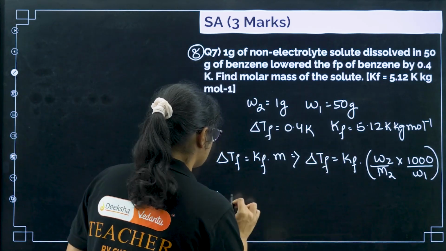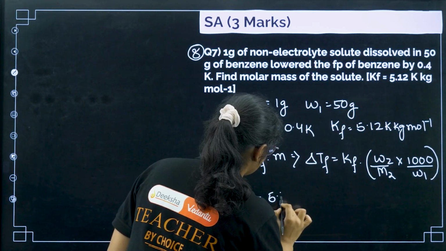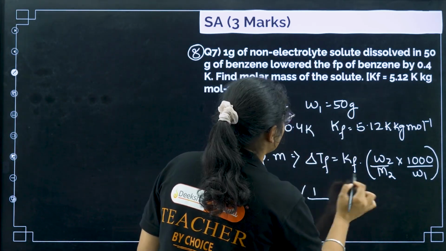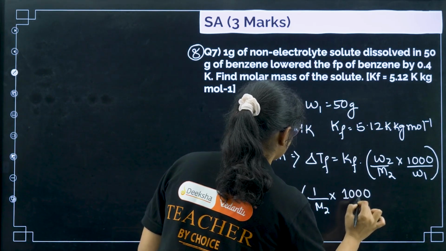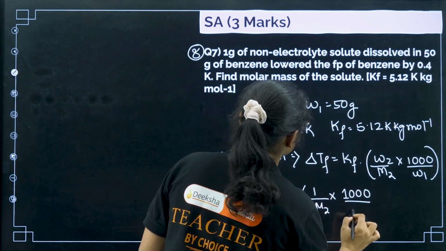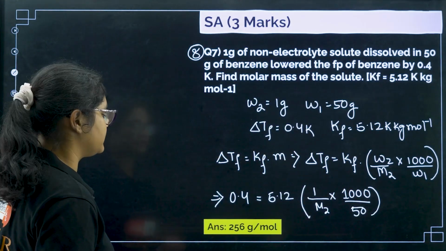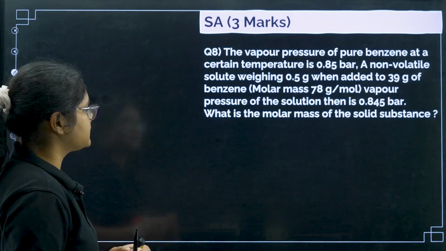Delta TF value is 0.4, Kf value is 5.12, W2 value is 1 gram, M2 value I need to find out, into 1000, by W1 is 50 grams. Now you solve this and calculate M2 value and we will get 256 gram per mole. Okay. Next is question number 9 actually.